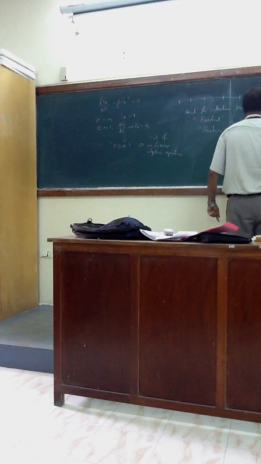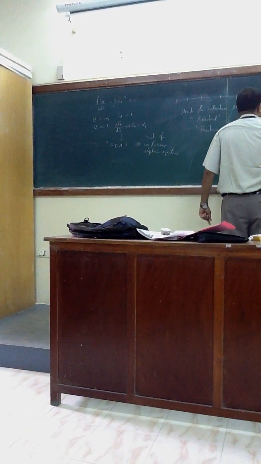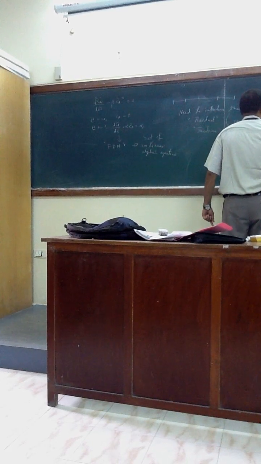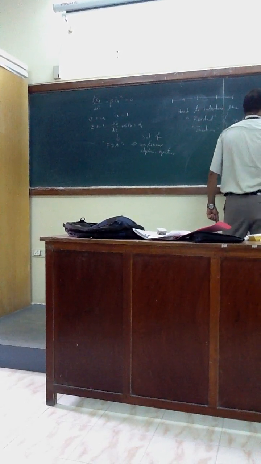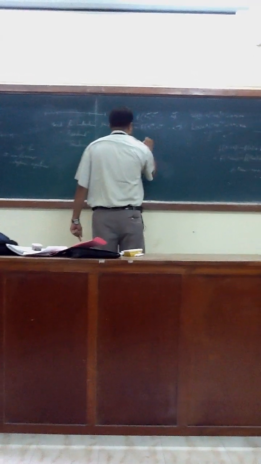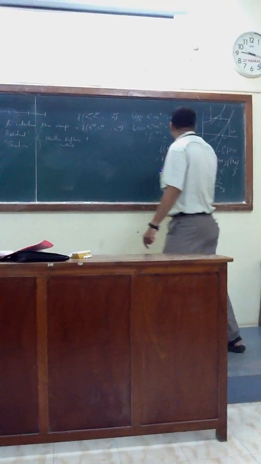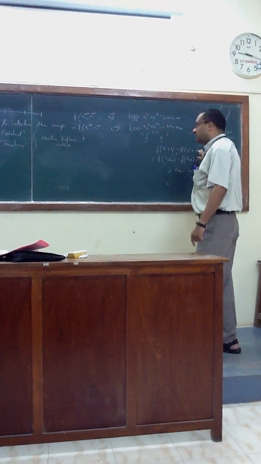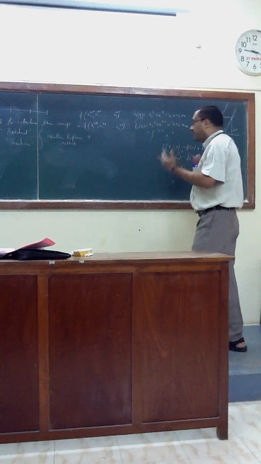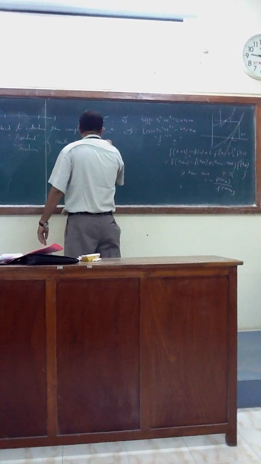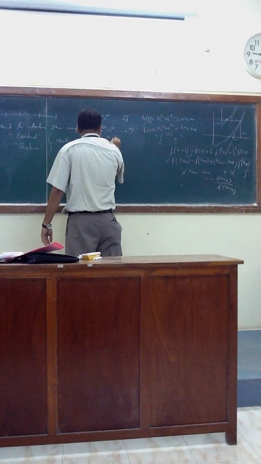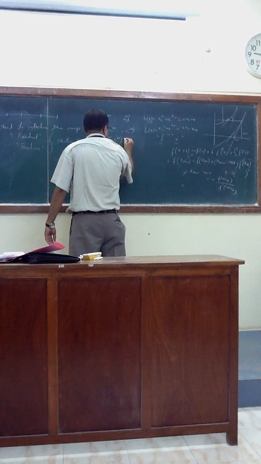Of course, the first term will be what? f of x1 old, x2 old, xn old. Plus, for h means only one variable. So like that, there are so many variables, n variables. So the first variable will be x1 new minus x1 old.